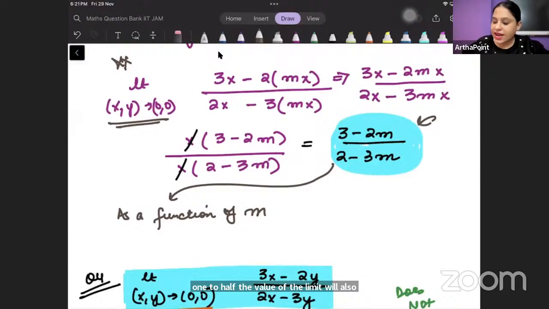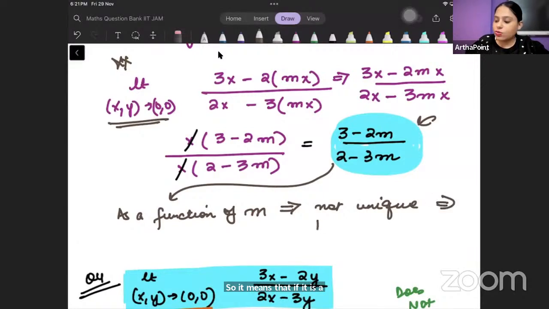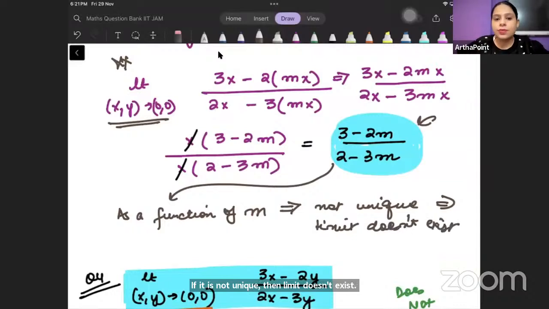So if it is a function of m, it is not unique. If it is not unique, then limit doesn't exist. Because limit exist तब करेगा अगर वो unique value होगा. So if it is a function of m, then it is not unique. If it is not unique, then limit does not exist.